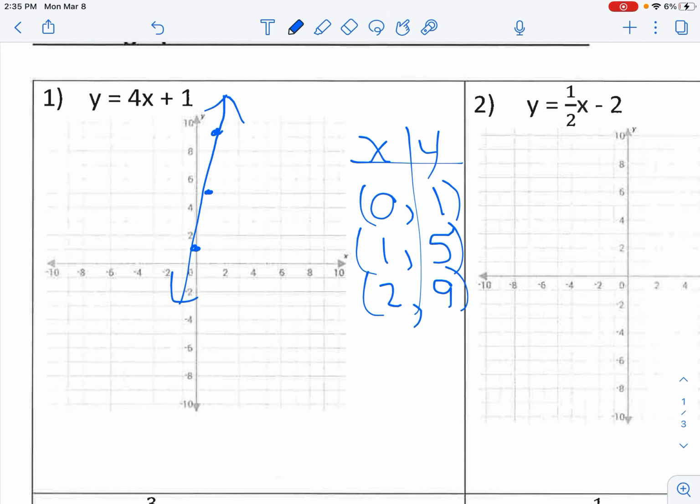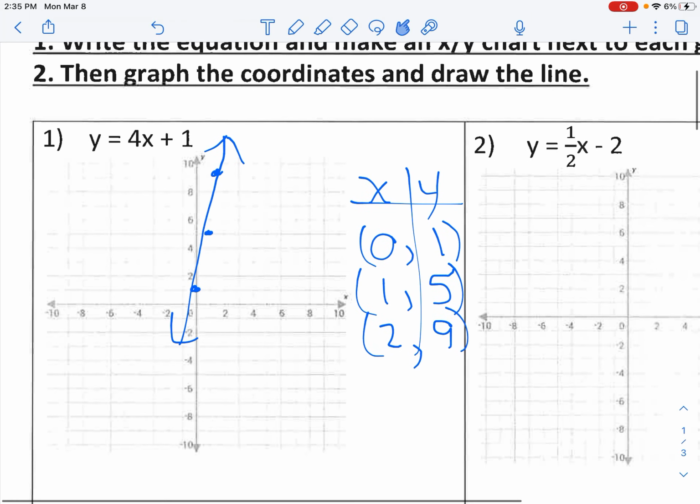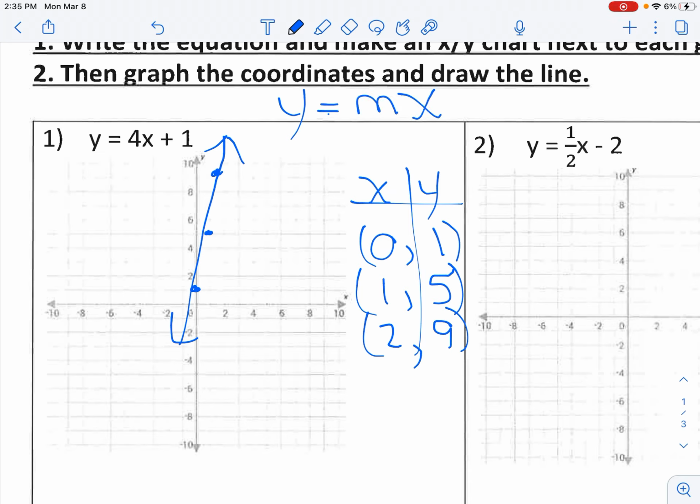So remember that our original formula that you learned on the notes page is y is equal to mx plus b, where m is the slope of the line and b is the y-intercept. So notice in problem number 1 that b is equal to 1, and that's right where your line hits your axis.